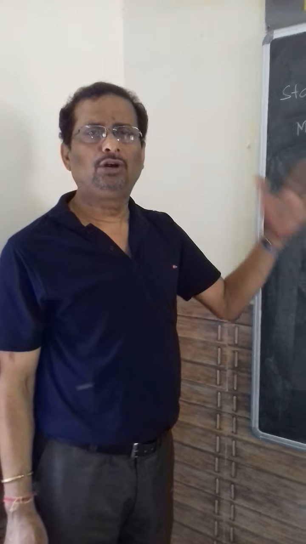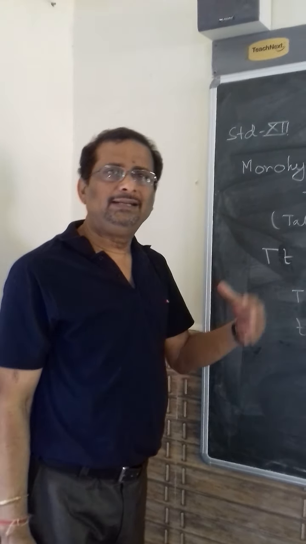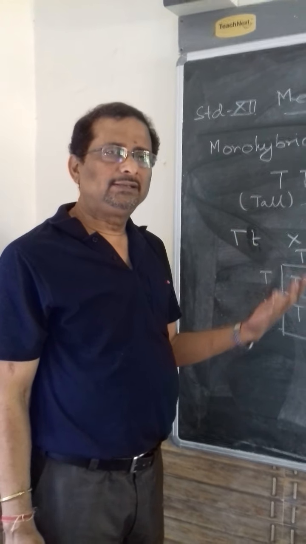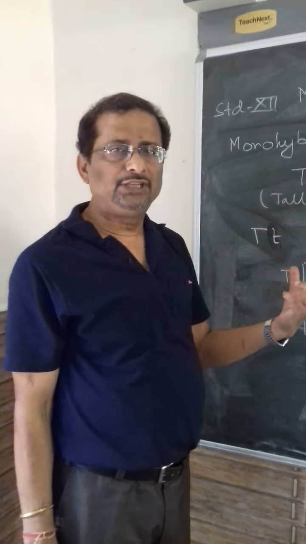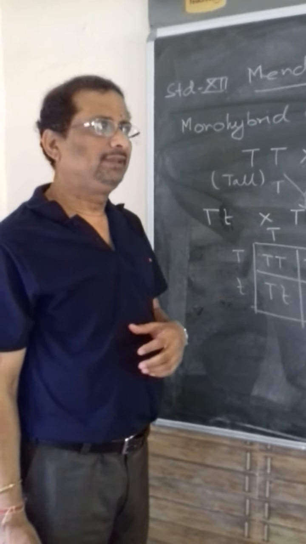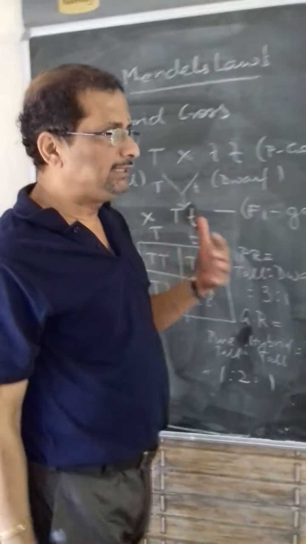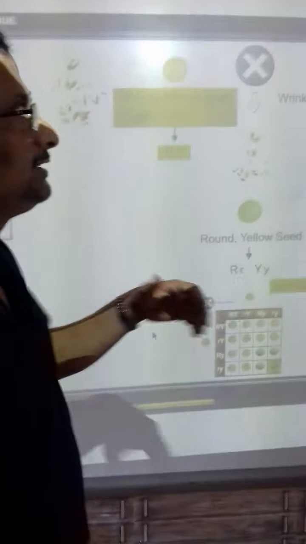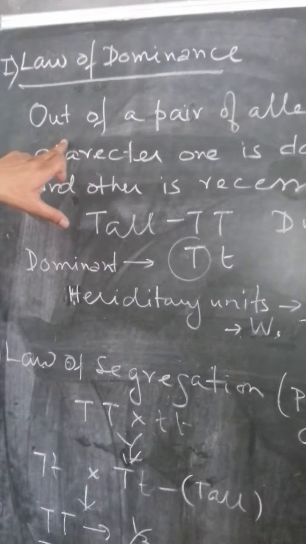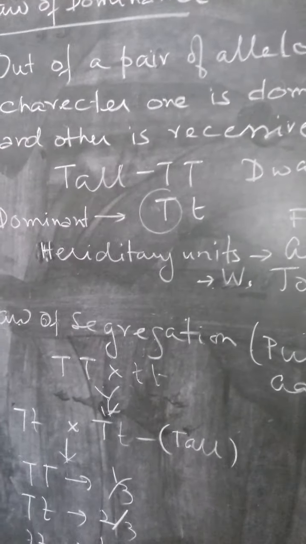We can do it with all the 7 pairs of characters that were studied by Mendel on the plant Pisum sativum, like say the seed shape, seed color, pod shape, pod color, all these different other factors. Now we will see that from this, the first law is the law of dominance. Out of one pair of allelomorphic characters, one is dominant and the other is recessive.